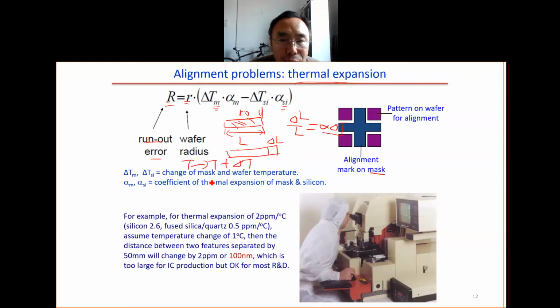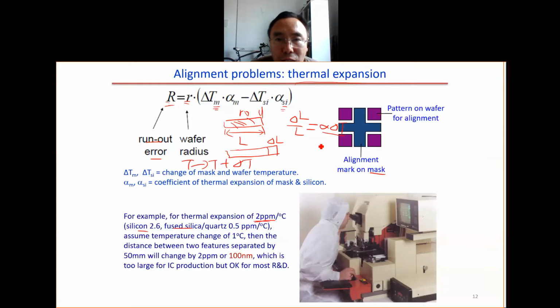Now let's estimate how much mismatch will be induced by this thermal expansion. For example, silicon has a thermal expansion coefficient of 2.6 ppm, parts per million per degree. Quartz has 0.5. Then the difference is roughly 2.